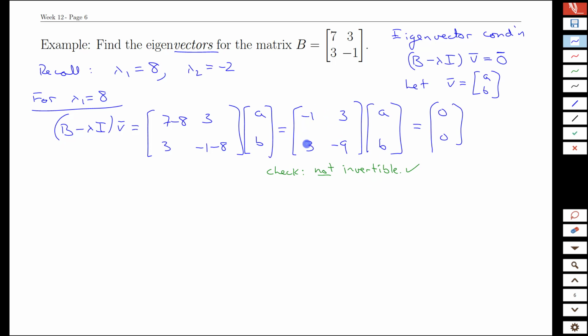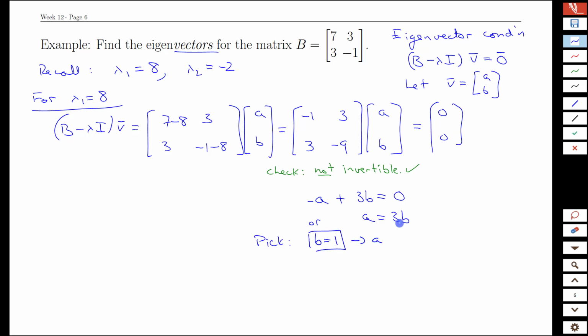So because we see these scaled columns or scaled rows, we know it's not invertible, we can just grab either one of these rows and get an equation out of that. And this says that, say, a is equal to 3b. And remember, this is an element of arbitrariness here. We can pick, let's say, b equals 1.